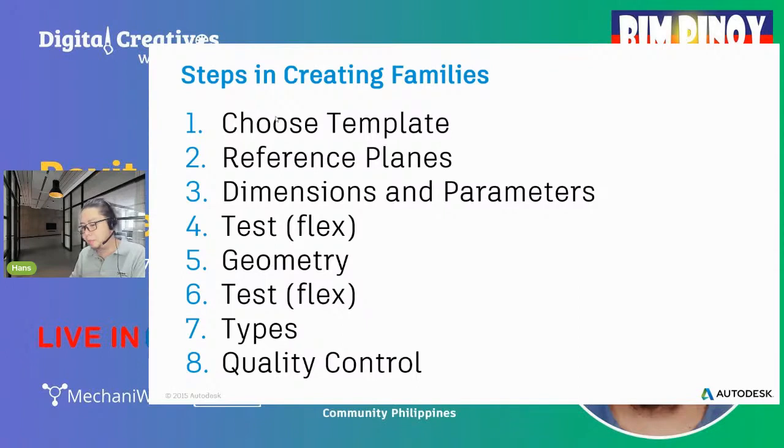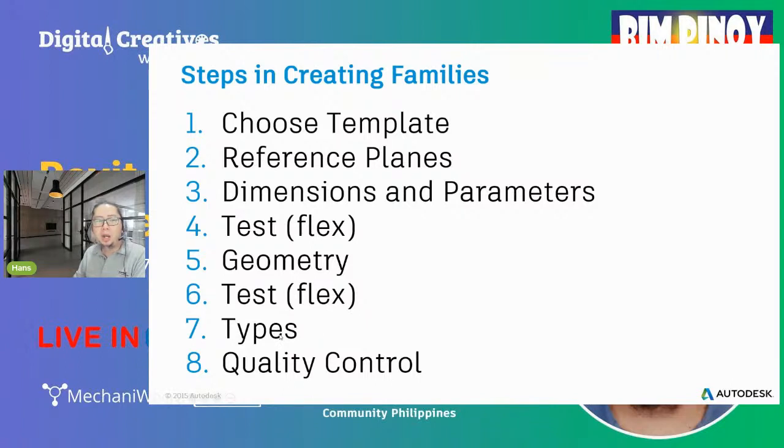I think you already have, maybe if you have checked some of the tutorials, it will vary on some of it, but generally it will go like this: choose a family, find which reference it will go, where it will be placed, put the dimension and the parameters, then test, flex, geometry, which geometry is it, and then another test, and then for the types.